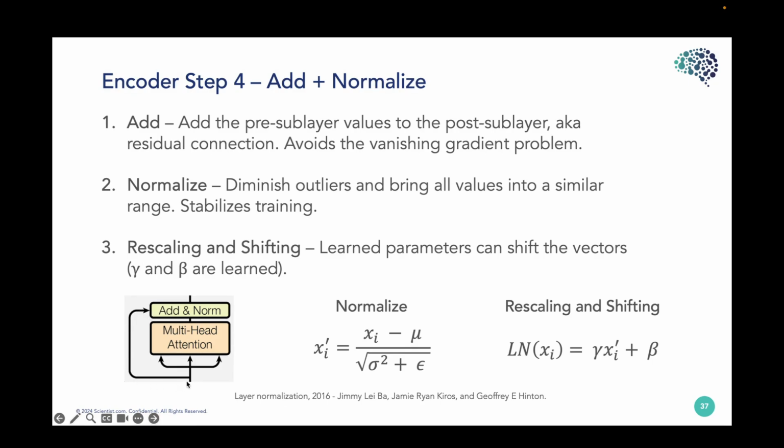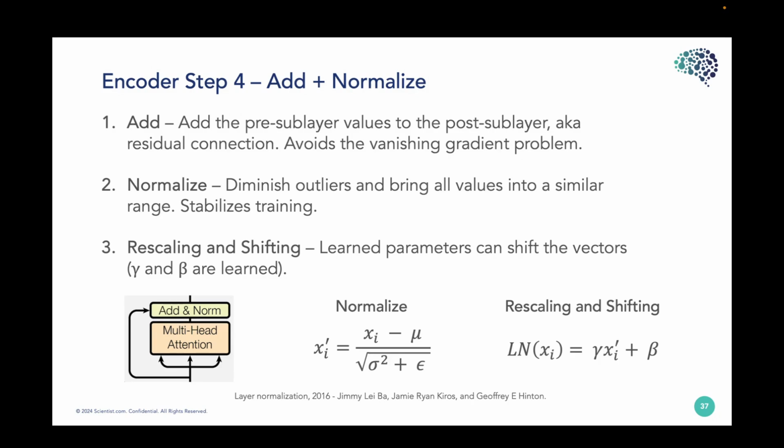What happens is the input to that sublayer, either attention or feed forward network, you're going to copy it and send it around that layer. So the unmoved input is going to go into the add and normalize step, and then the output of the actual sublayer is going to go in. And you're going to add them and normalize them together. You can kind of think of this as not averaging, but you can kind of think of it as averaging.